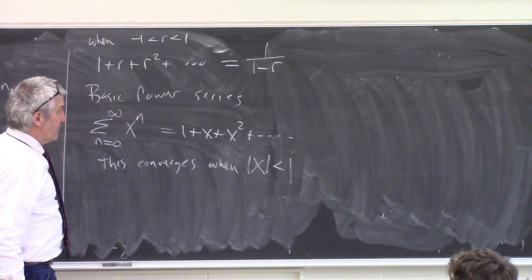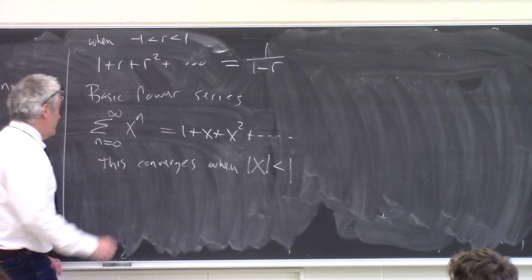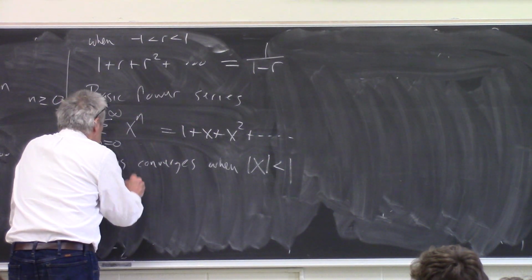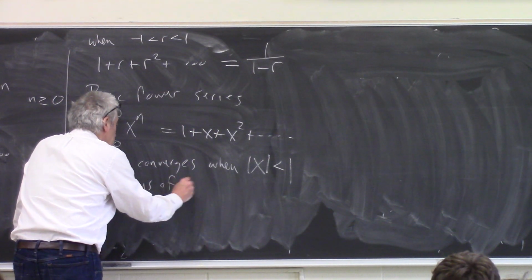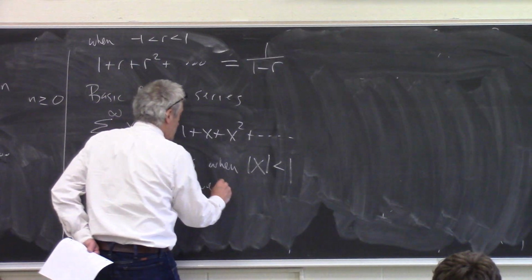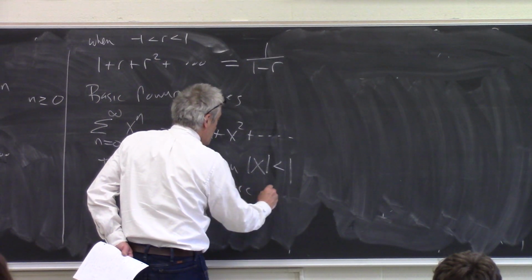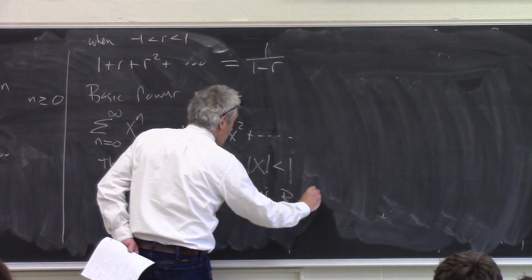That is, the radius of convergence is 1. We denote it by capital R.